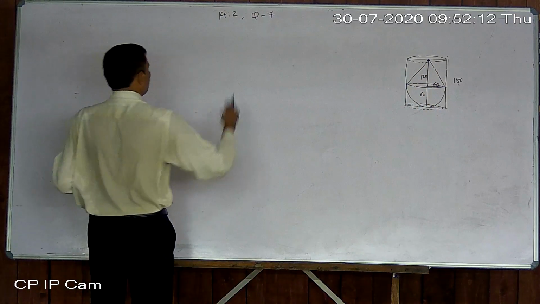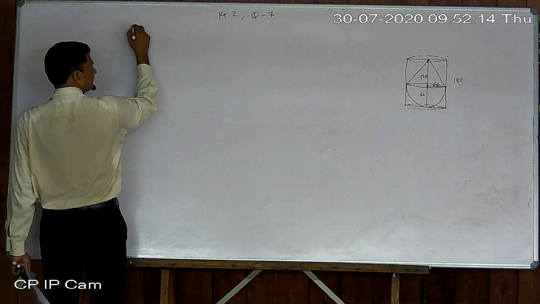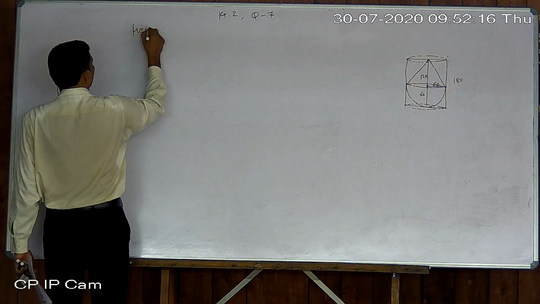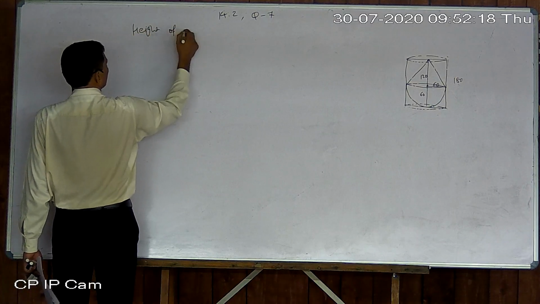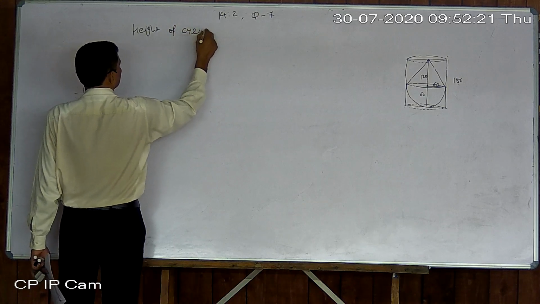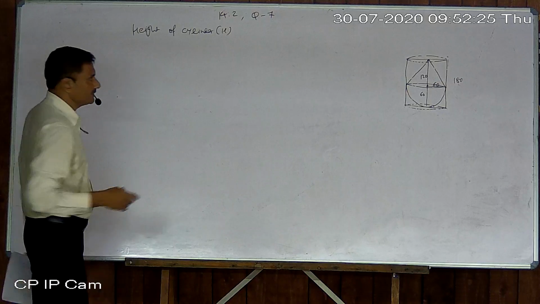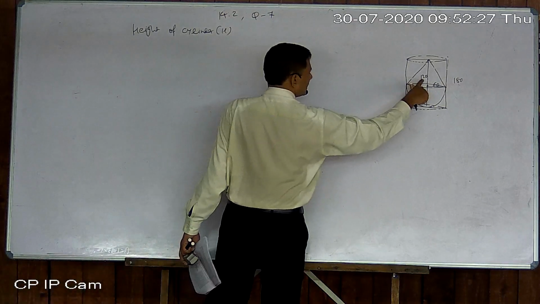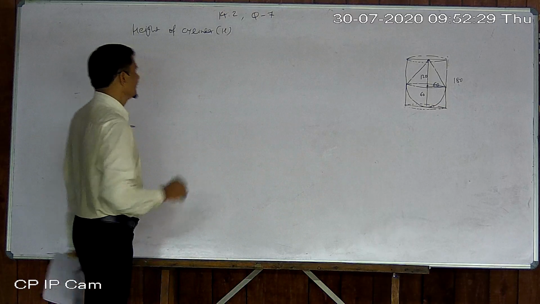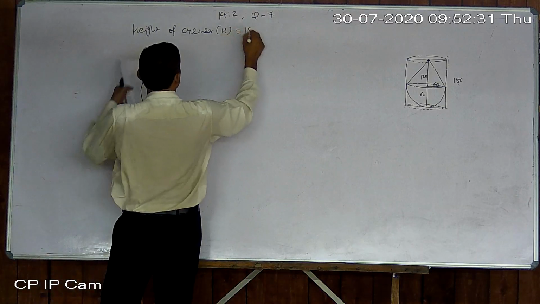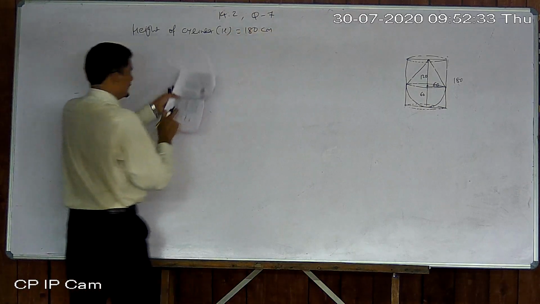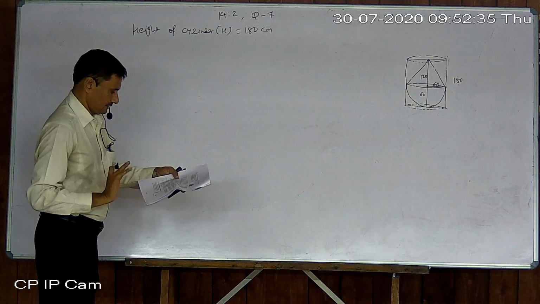Okay, so now first of all write down all measurements with symbols. Height of cylinder, I purposely write capital H because a height will come for the cone also. So it is 180 centimeter, it is given.